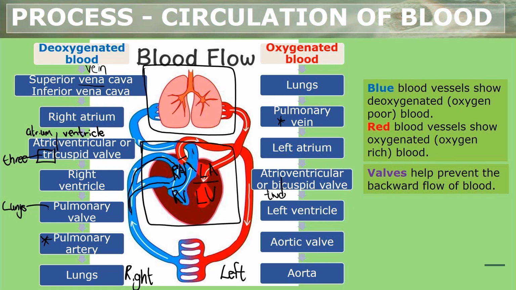So it will be transported to the aorta, where the aorta will split into smaller blood vessels, and a smaller version of an aorta is called an artery, and then it will split and distribute the new oxygenated blood to different parts of the body. The oxygenated blood is transported to the bottom half of the body and also the top parts of the body.